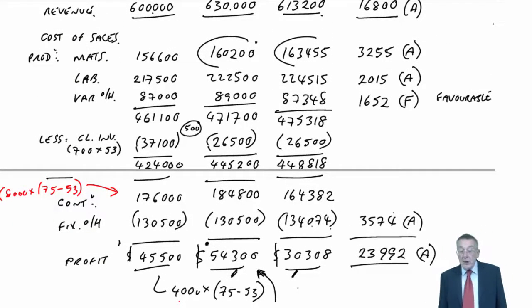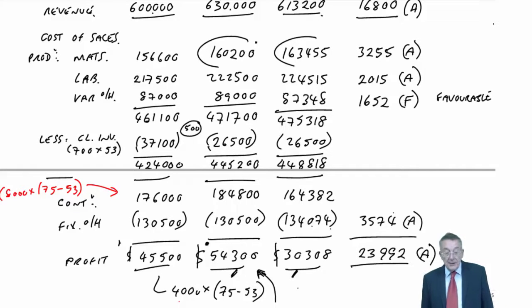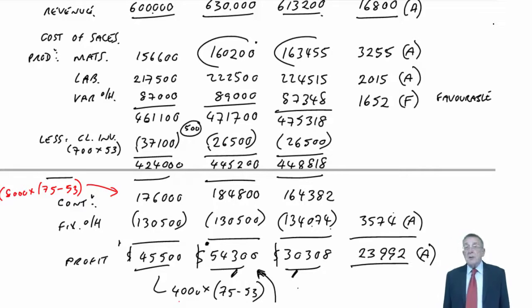If you remember, we originally budgeted on 45,500. We actually got a profit of 30,000, and I do want to shortly produce a little statement explaining why things were different.